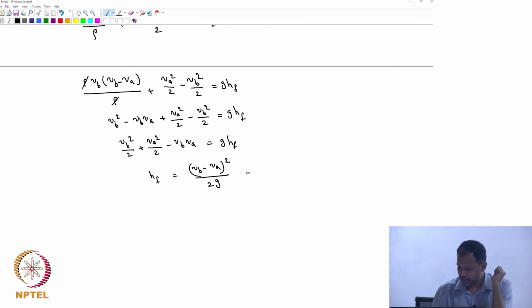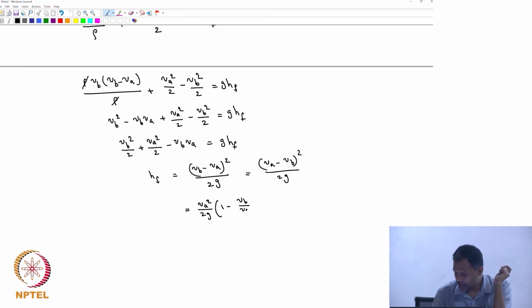I'm going to write this as VA minus VB, because VA is going to be the larger velocity. VA minus VB whole square divided by 2G is equal to VA square by 2G into 1 minus VB by VA, whole square.